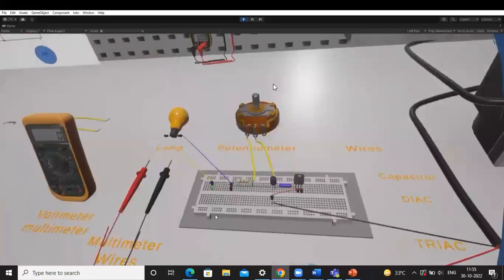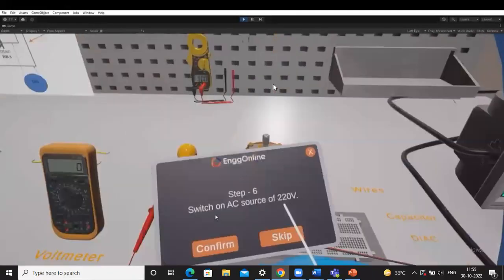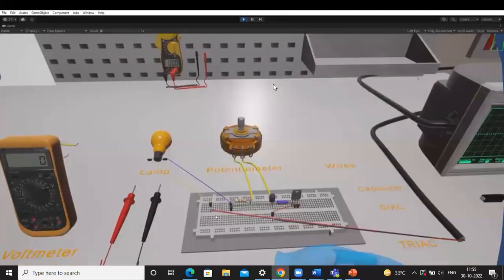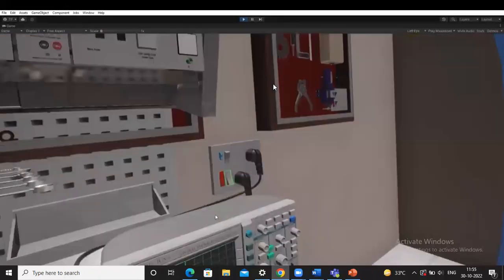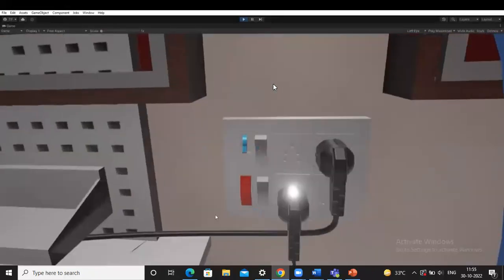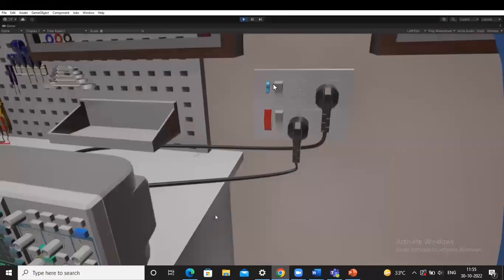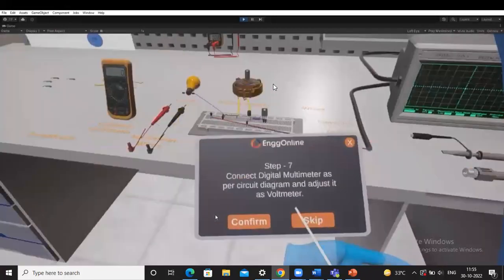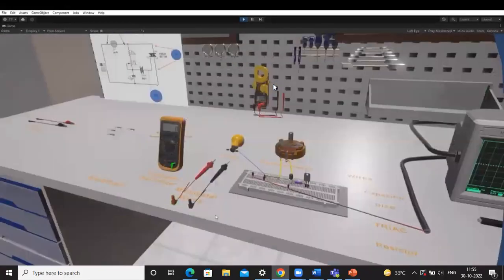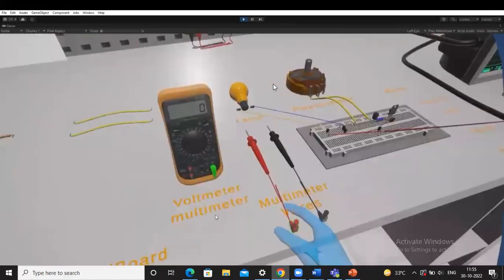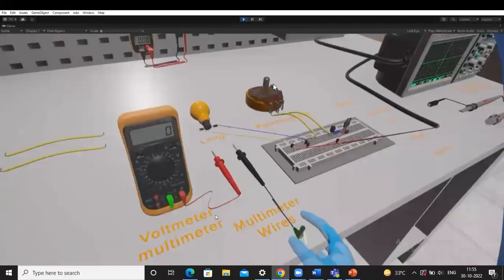Step 6. Switch on AC source of 220 volts. Step 7. Connect digital multimeter as per circuit diagram and adjust it as voltmeter. Step 8.